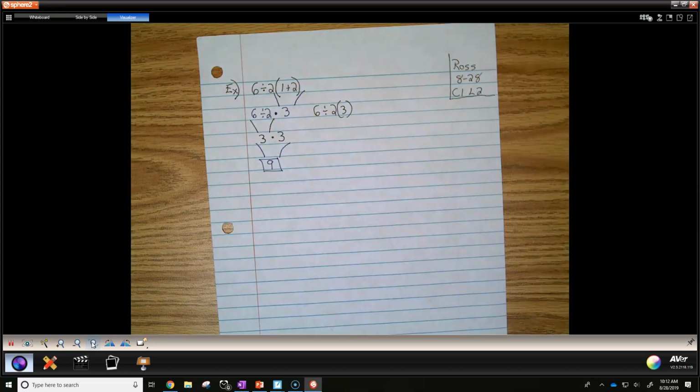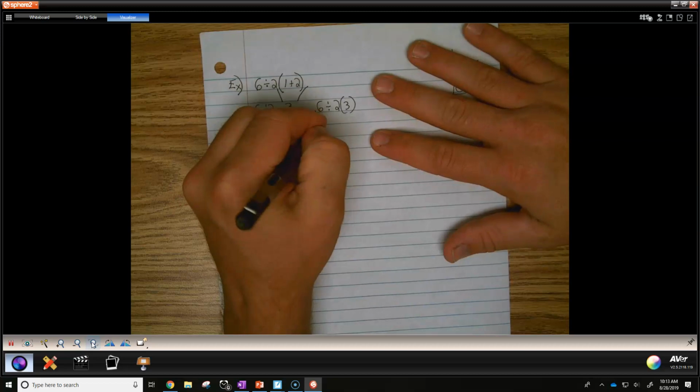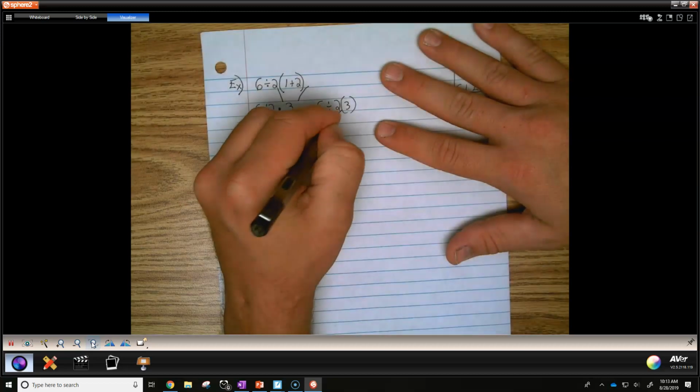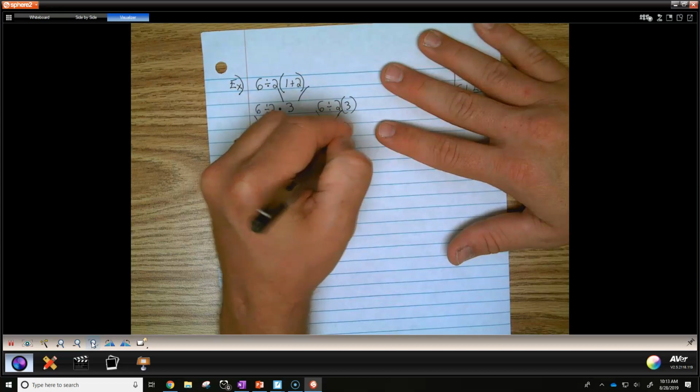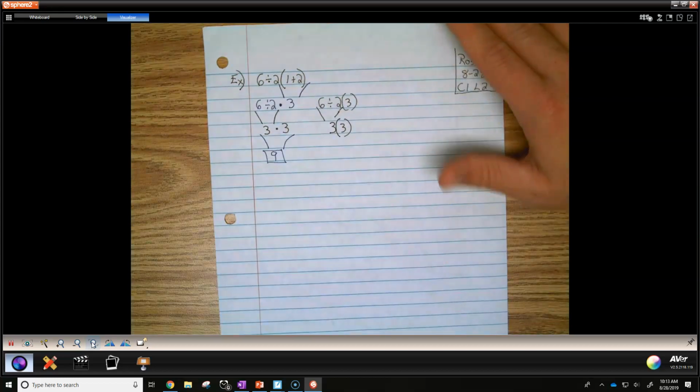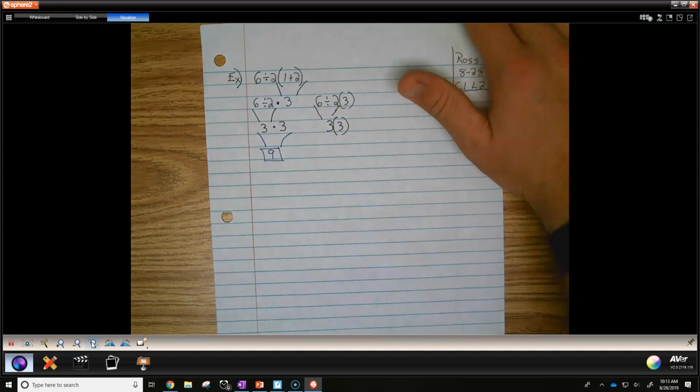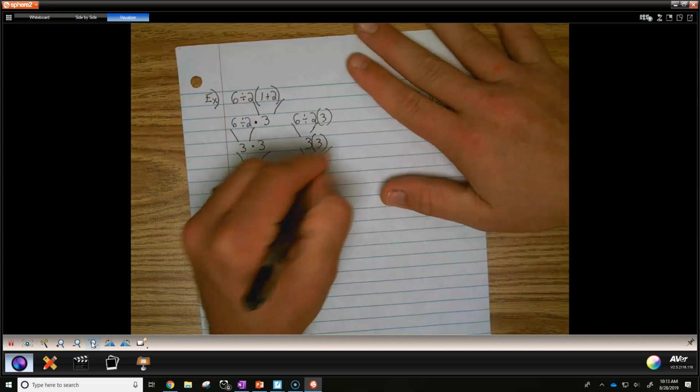Are there any equations inside my parentheses? No. Are there any exponents? No. Multiply and divide left to right. 6 divided by 2 is 3. And then, what does the 3 outside the parentheses represent? Multiplication.